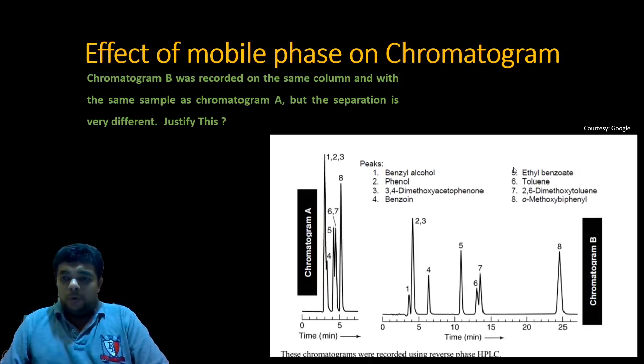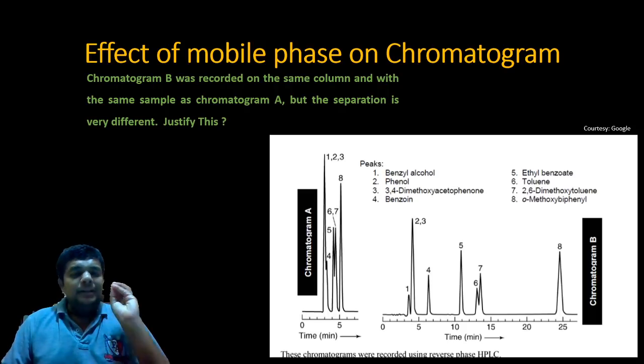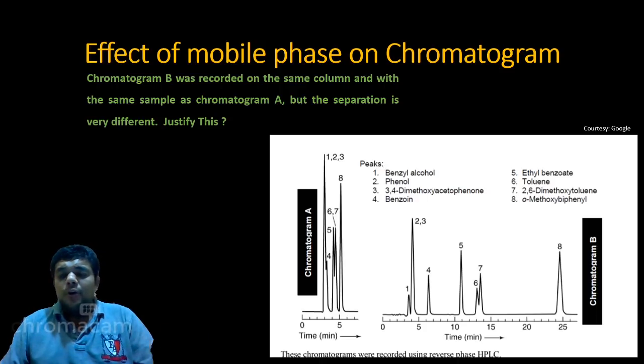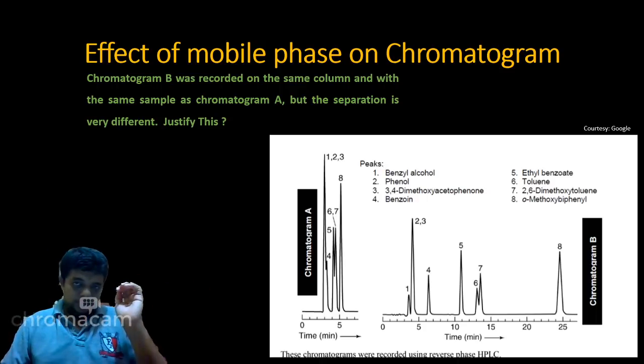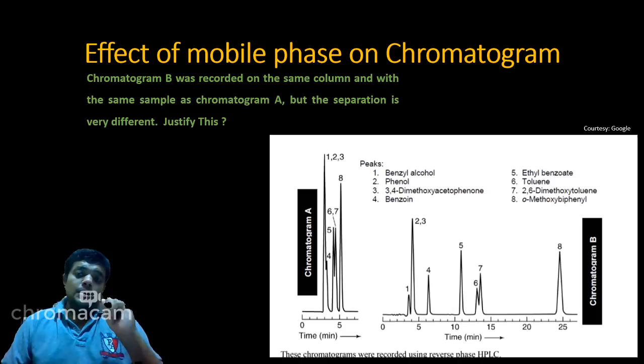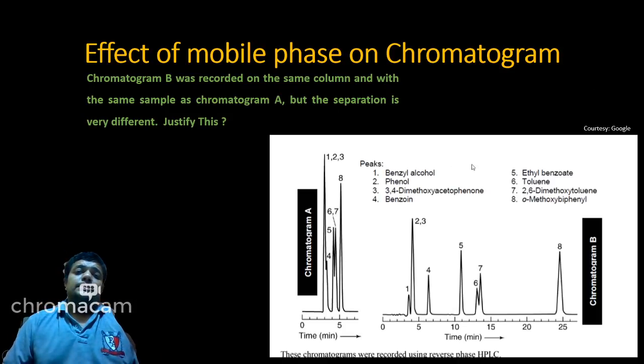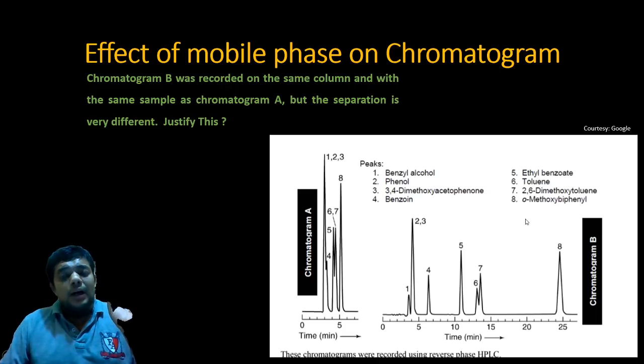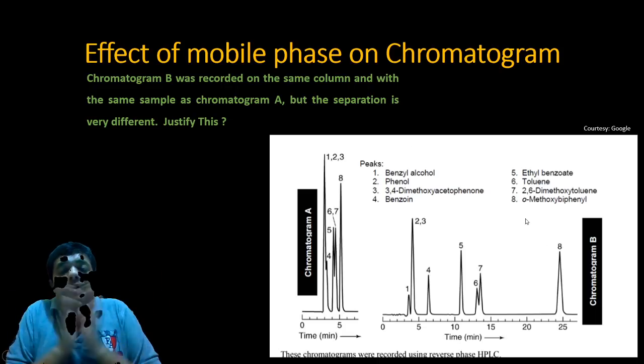Numbers 1, 2, 3, 4, 5 and 8 all have somewhat polar groups. Toluene might not have, 2,6-dimethoxytoluene might not have, but others have. Depending on this, if you check, you can say most of the compounds are a little bit polar.